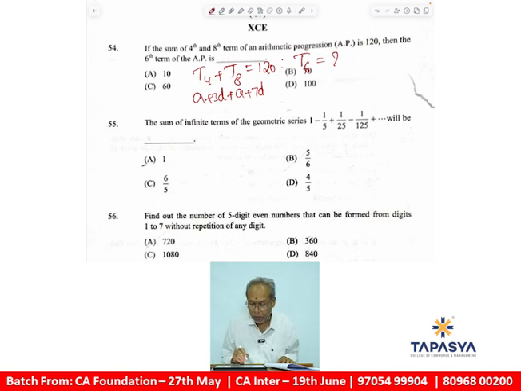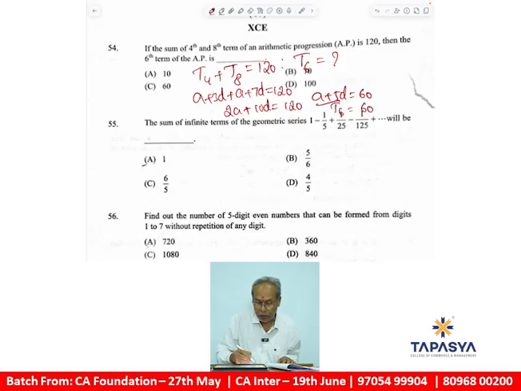The sum is 2A plus 10D equal to 120. Taking 2 common, A plus 5D equals 60. So this is nothing but the sixth term only. The sixth term is 60. So the answer is A.